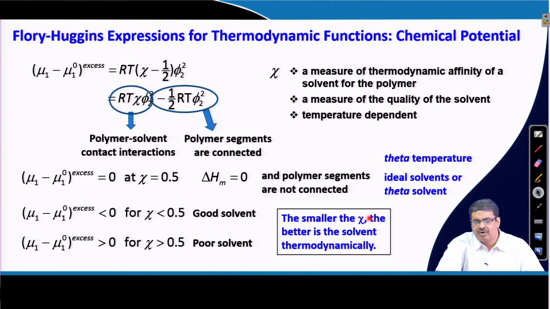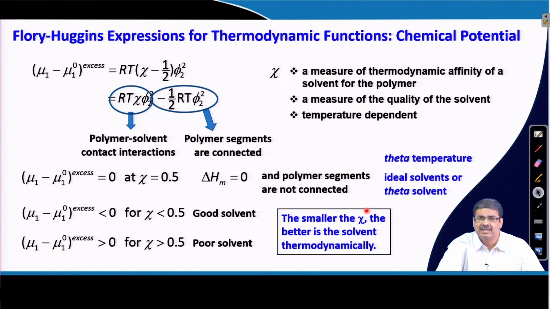Hence, the smaller the value of the polymer solvent interaction parameter, the better the solvent is thermodynamically. So, if we manage to decrease the value of chi, then the solvent will be a better solvent for the polymer to dissolve.